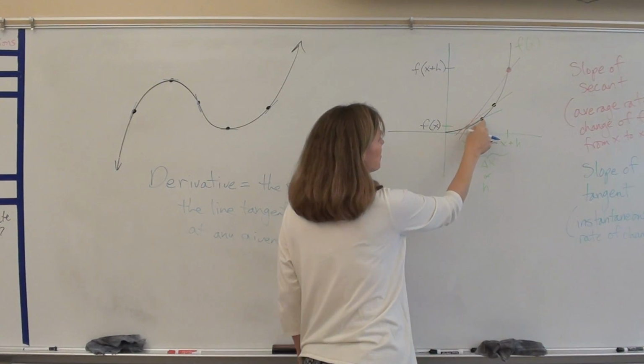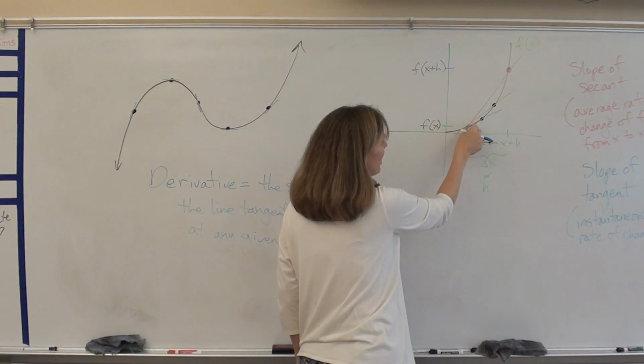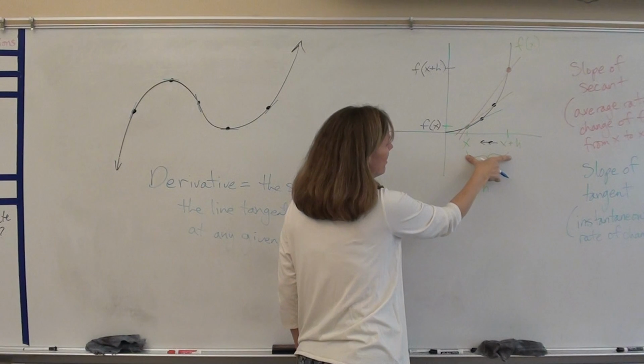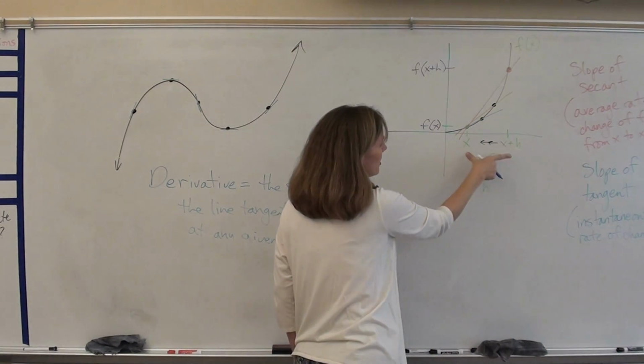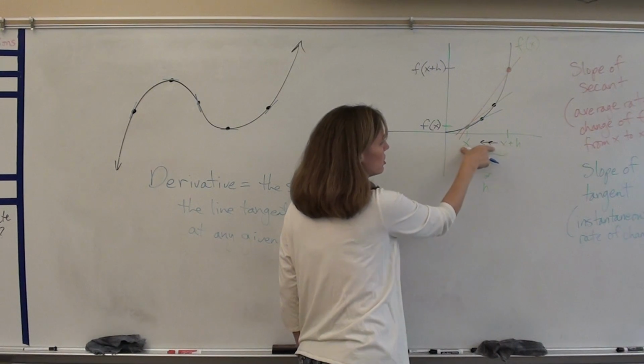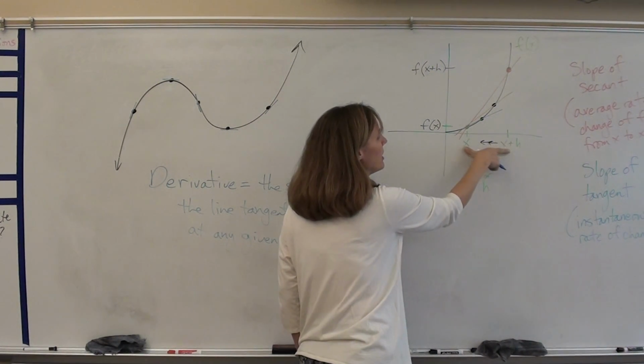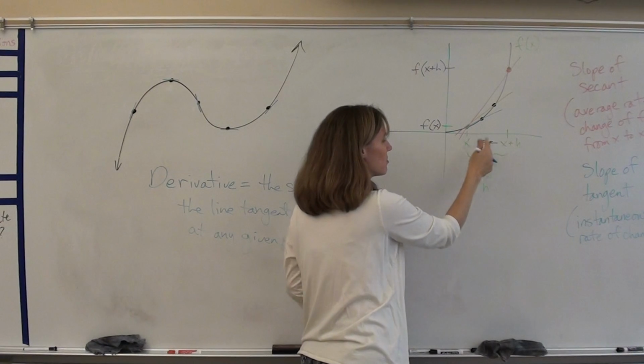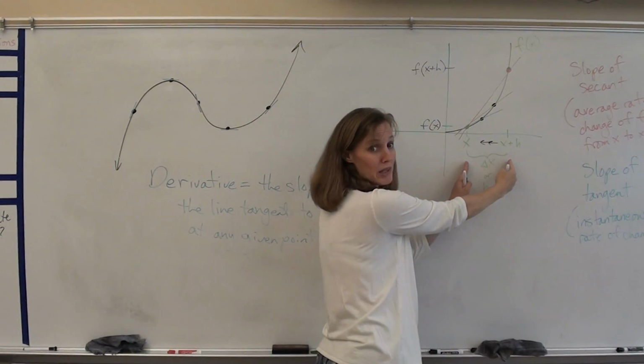If I move it right on top of the other one, what value is h approaching? Is h approaching x or is h approaching 0? 0. H is approaching 0 because remember h represents the distance between these 2 points.